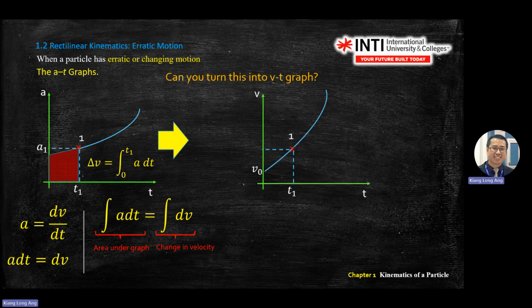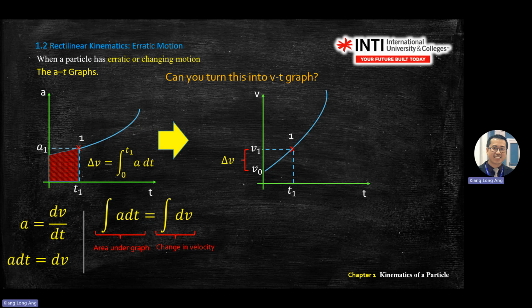V initial is here. Sometimes the question is quite tricky. You can find the answer of the initial value at time 0 after you find the equation of its curve. It's not that direct. So you move step by step, so you get V1 and so on.